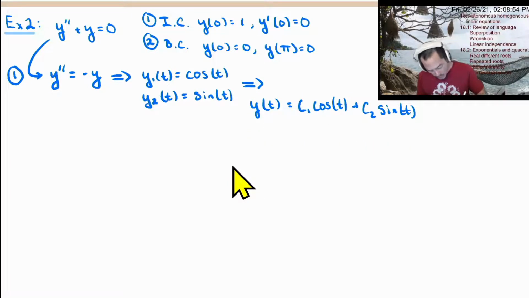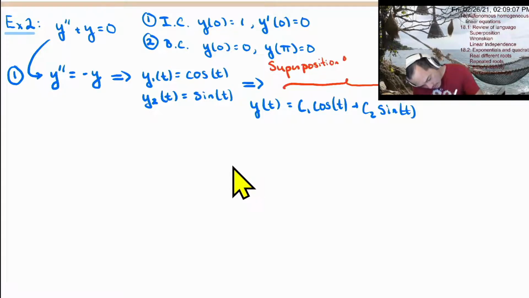And so what is going on right here, this thing is the superposition, or what is also called the linear combination, of the two functions.